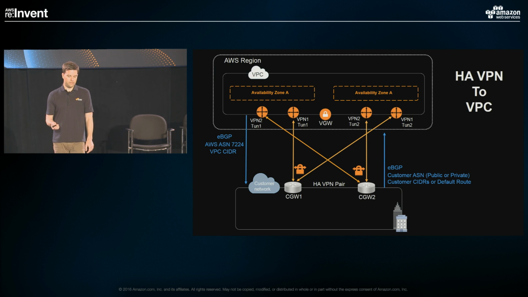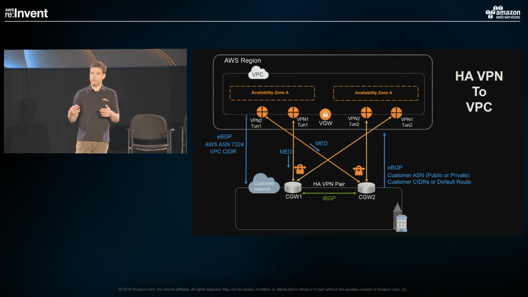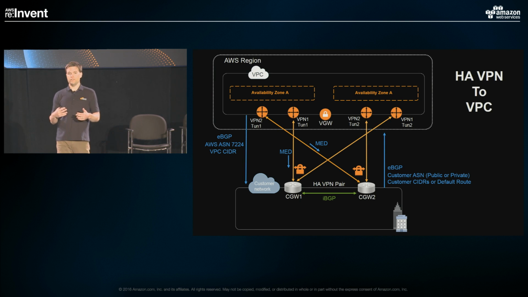What also comes down from us are MEDs, multi-exit discriminators. This is a way in BGP for us to influence the routes that come down to you. We use those in our VPN as a service that backs the VGW to tell you which tunnel we're going to prefer. So you need to make sure and honor those when they come down.